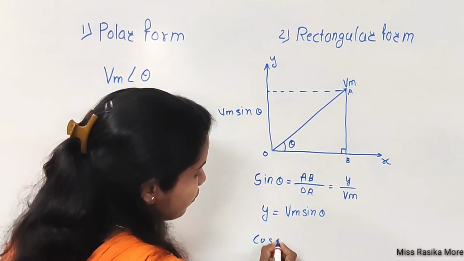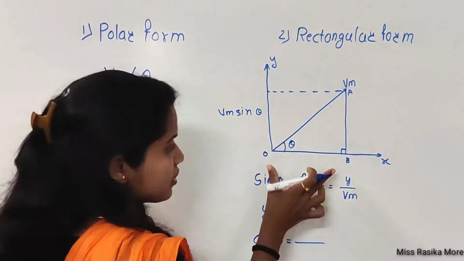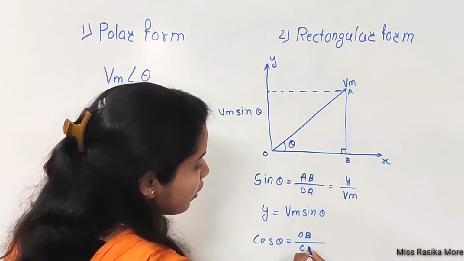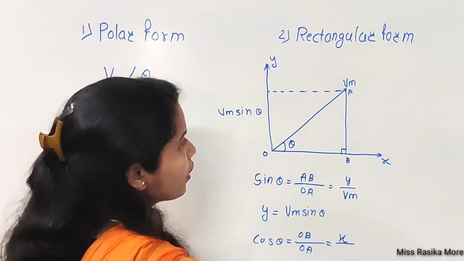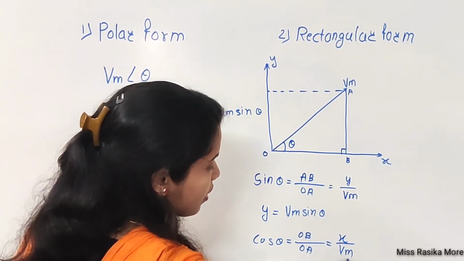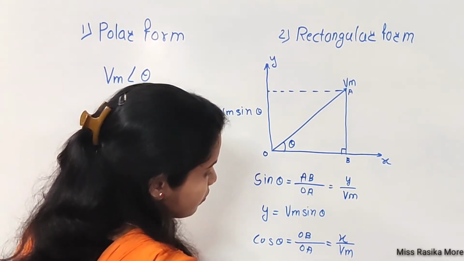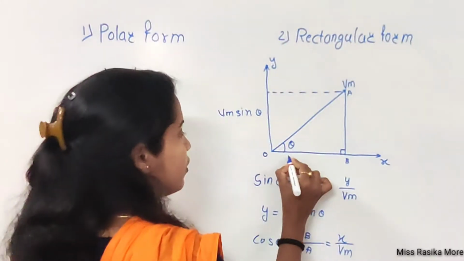And cos theta is equal to adjacent by hypotenuse. The adjacent side is OB, the hypotenuse is OA. OB means the x component, so here x, and OA is Vm. Hence x is equal to Vm cos theta. The x component of Vm is Vm cos theta.